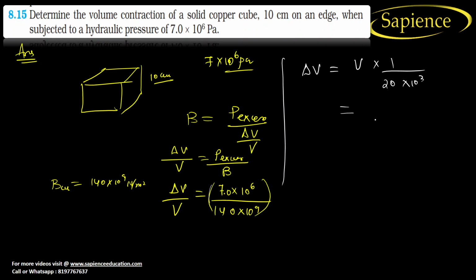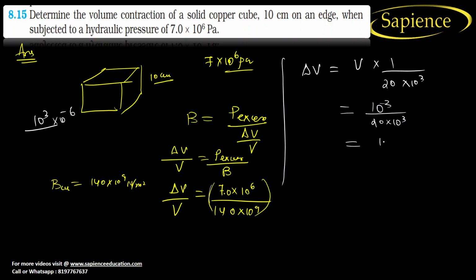So the original volume of the solid copper cube is 10 cube into 10 to the power minus 6, so this will be 10 to the power minus 3 meter cube. Finally it will be 10 to the power minus 3 meter cube by 20 into 10 to the power 3.